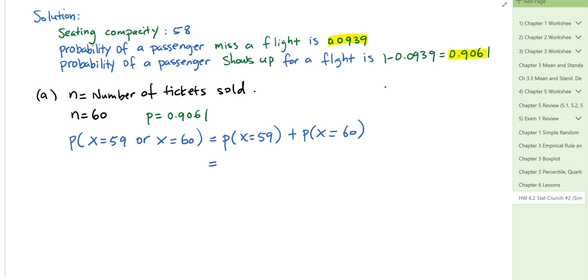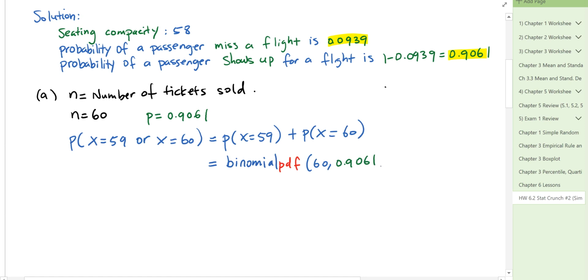Since we're looking for the probability of exactly one event, I'm going to use a binomial PDF. So we're going to do binomial PDF, where n in this case is 60, and p, the probability that a passenger is going to show up, is 0.9061.